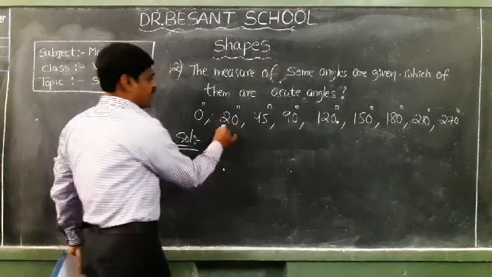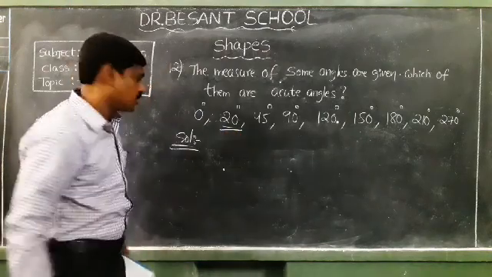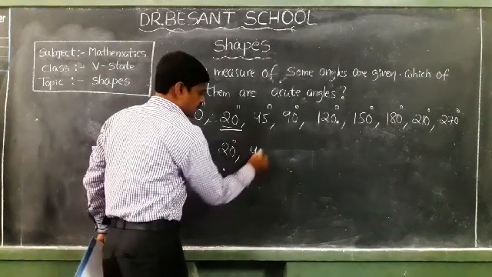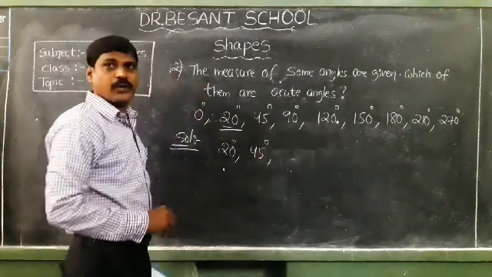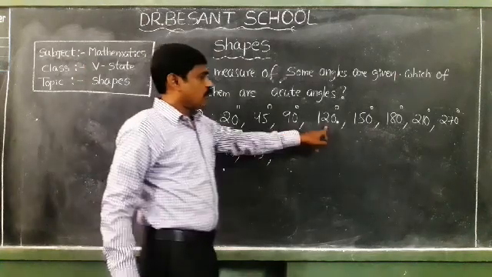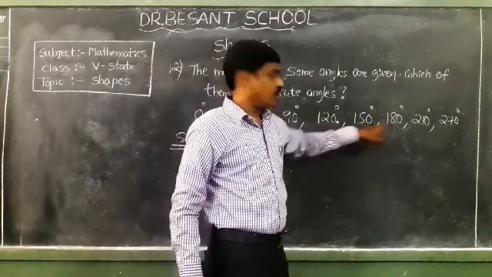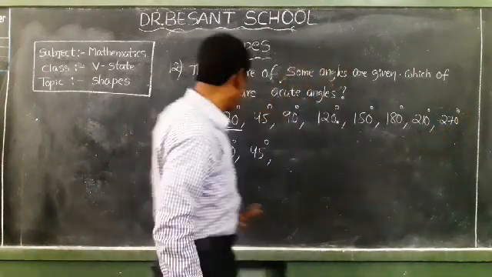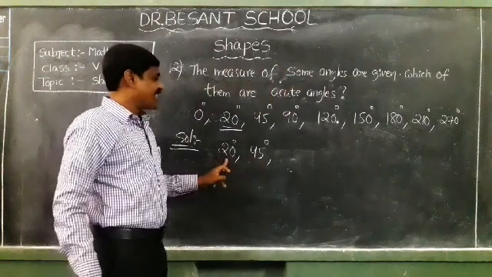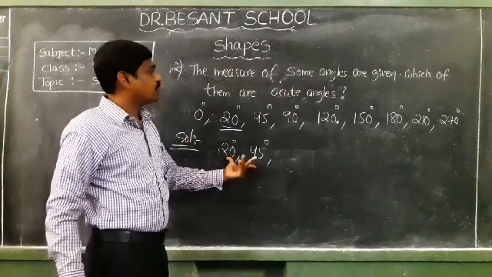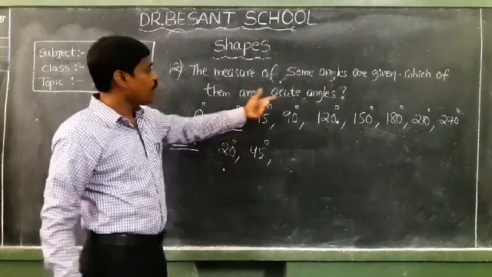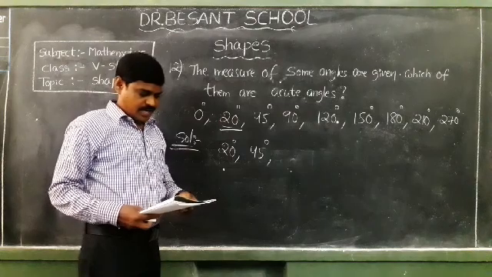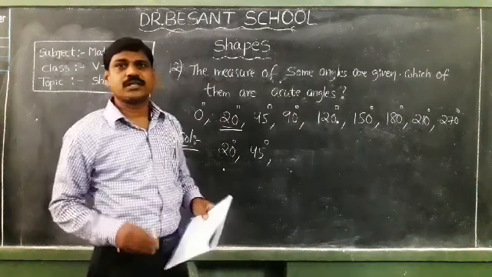So, is 20 degrees an acute angle or not? 20 degrees, this is acute. 45 degrees is also an acute angle. 90 no, 120 no, 150 no, 180 no, 210 no, 270 no. So finally we got only two, 20 degrees and 45 degrees. These two angles are acute angles. Okay. So, this is the 12th one. Now, very short answer questions completed.